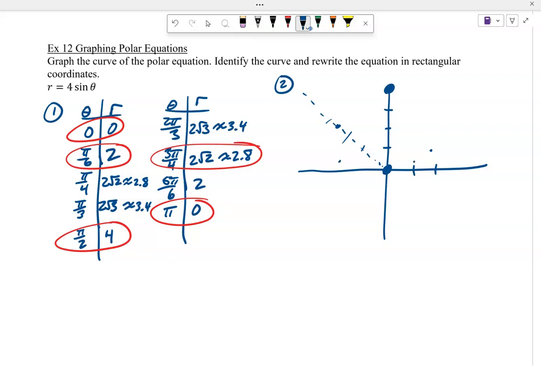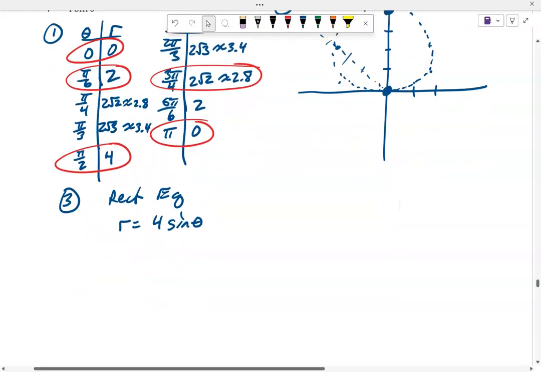I'd probably want to do a few more of these, but anyways, the rectangular equation is really going to help you to see this on this one. So let's put it in rectangular equation form. We've got r equals 4 sine theta.